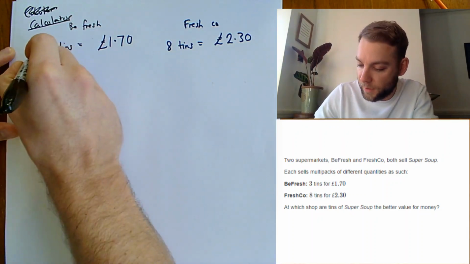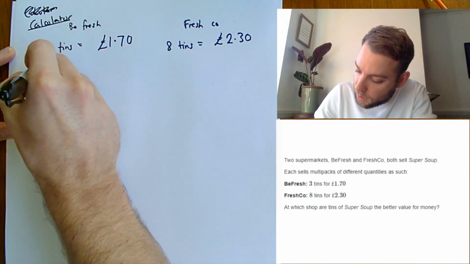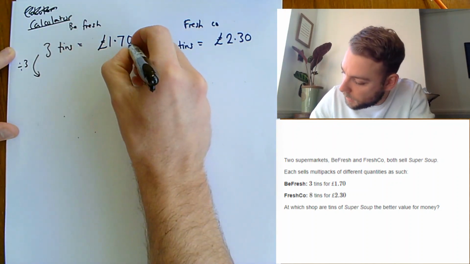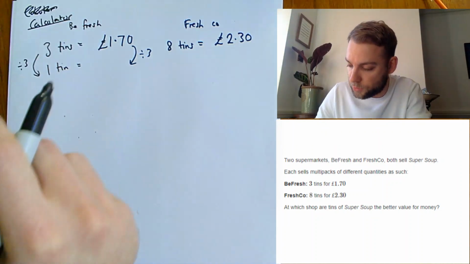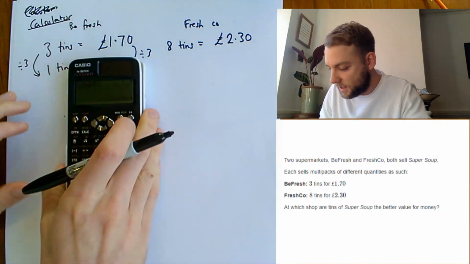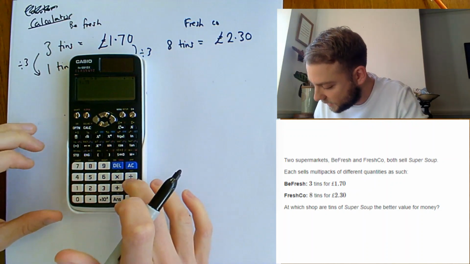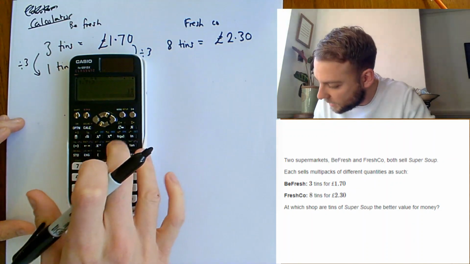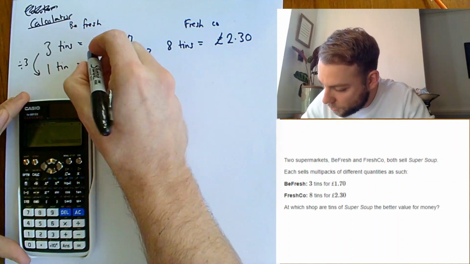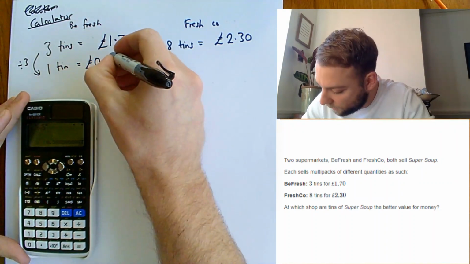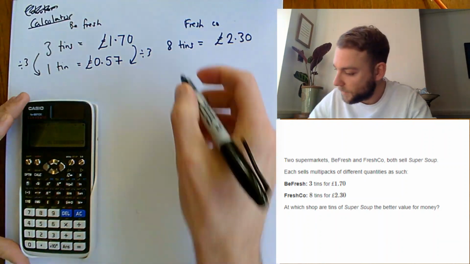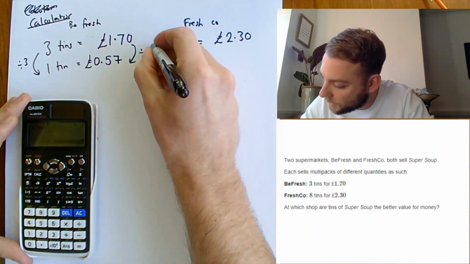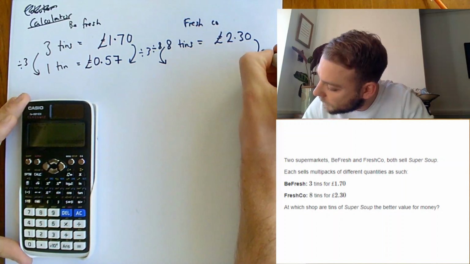So with both of these, you can find out how much 1 tin costs. So divide by 3. So 1 tin is equal to £1.70 divided by 3, which in this case is equal to 0.56 recurring, so 0.57. And this one here, you're going to divide by 8.